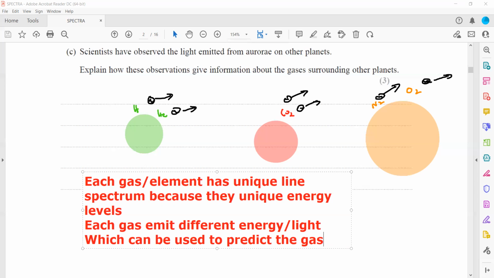Is it clear, the discussion of how scientists, when they observe the light emitted from different planets, can conclude the composition of the planet, the elements which are present on the planet?